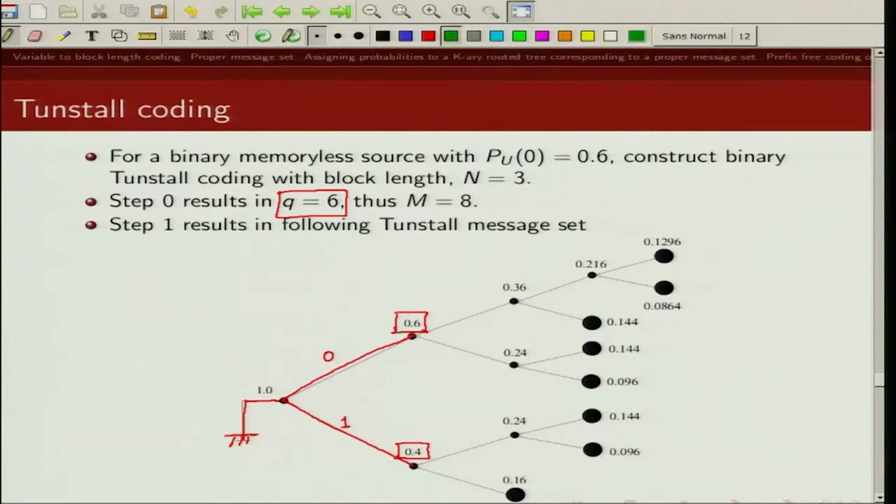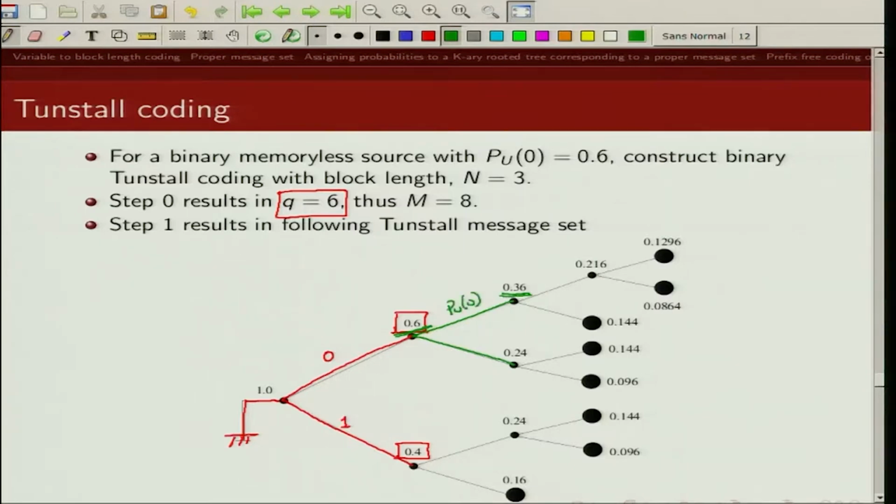Note here 0.6 is more than 0.4. So first I should extend this node which has probability 0.6. So the first extension is something like this. This is my first extension of the extended root. This probability is nothing but the probability of this node, 0.6, into the probability of 0, which is 0.6.